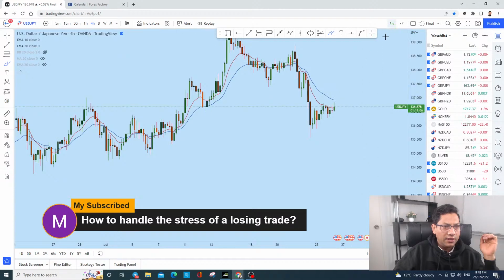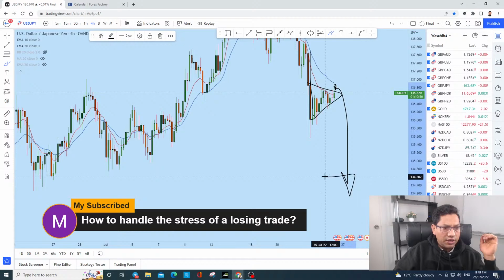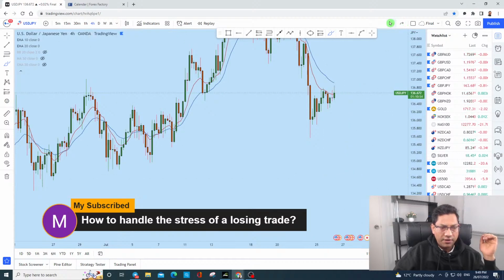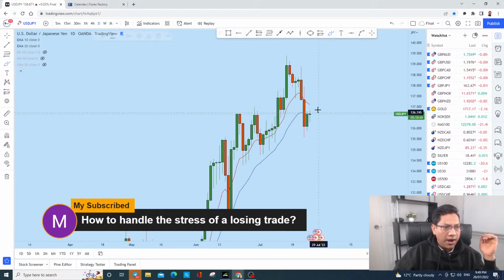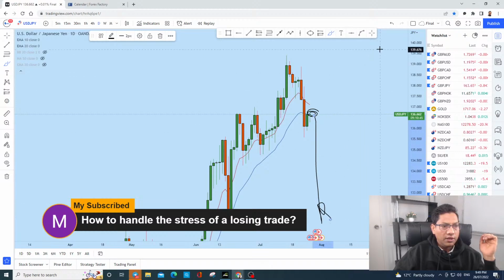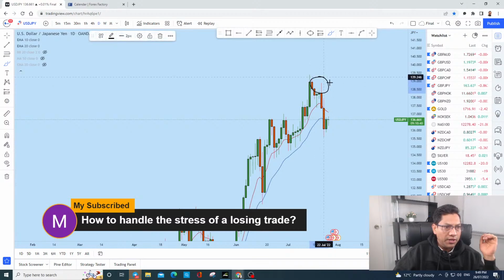But what I think dollar yen might do after this, you see this is the triangular formation, and from this zone we could see a drop again. But it might not do it today. I think it might close as a doji like that, and then we could see dollar yen creating a big move, because in that case we could see a complete head and shoulders: the head, the left shoulder and the right shoulder.